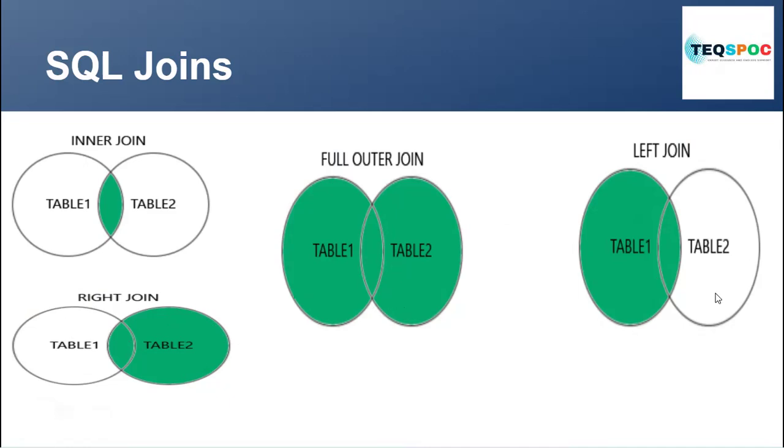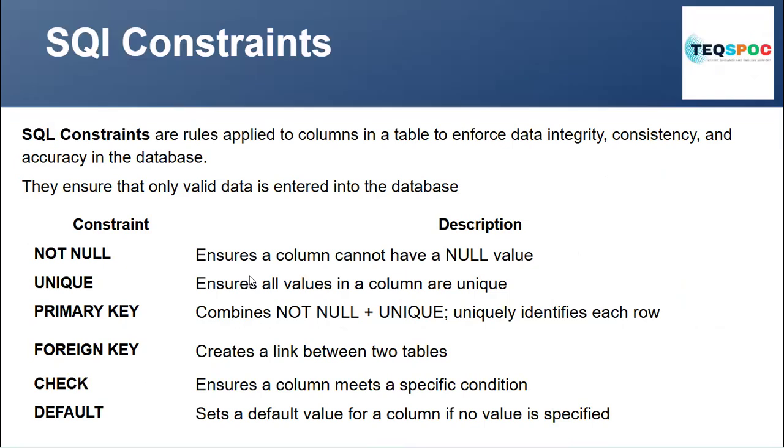And for the left join, say table 1 has IDs 1, 2 and table 2 has IDs 1, 2, 3. It will first return all the data plus the common data. All the data is 1, 2, 3 and the common data is 1, 2, so you will get 1, 2, 3. In this way you will see the output with the help of joins.